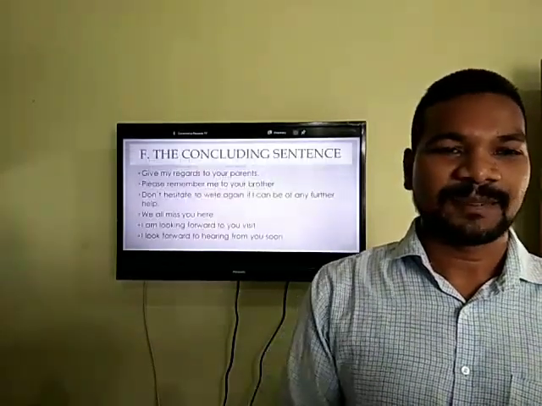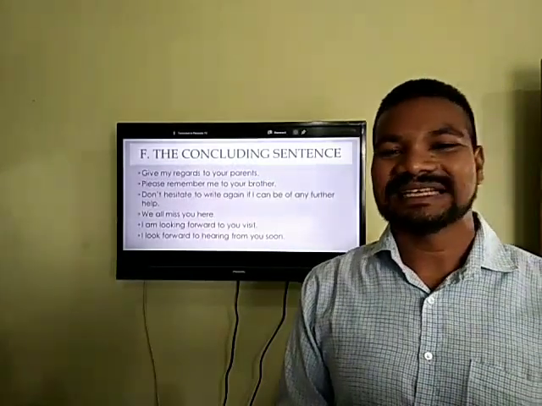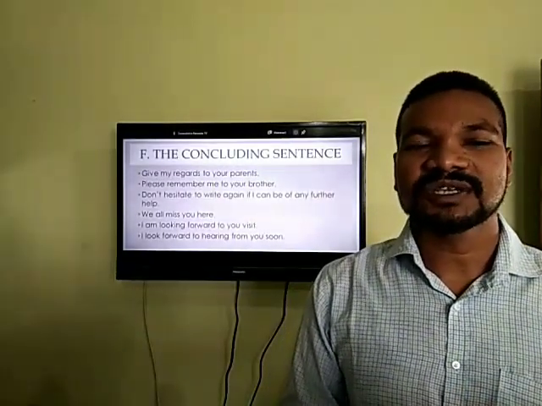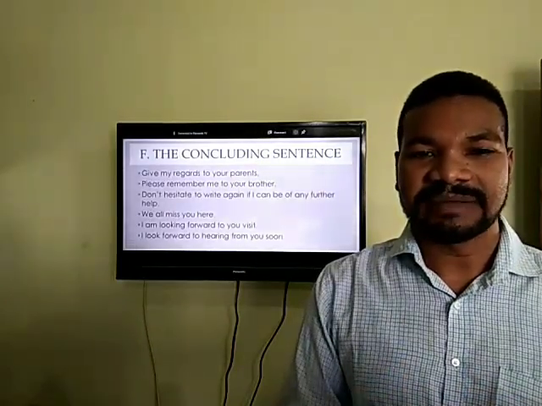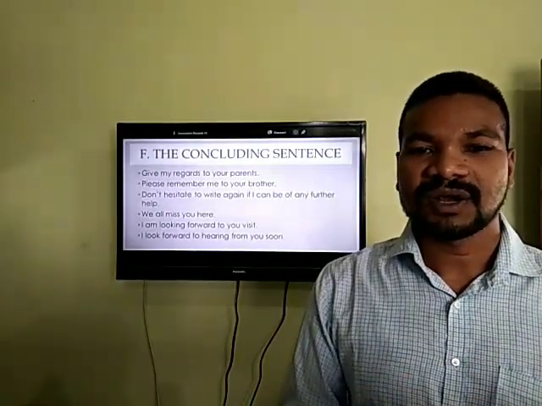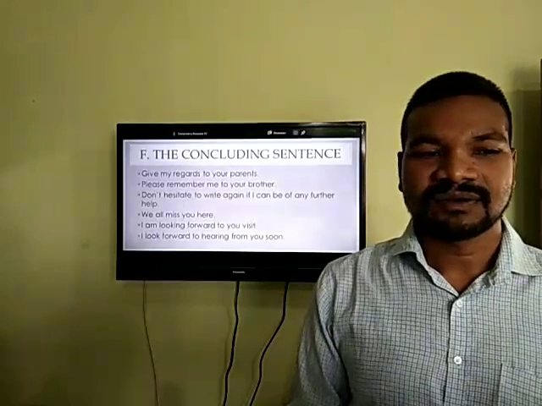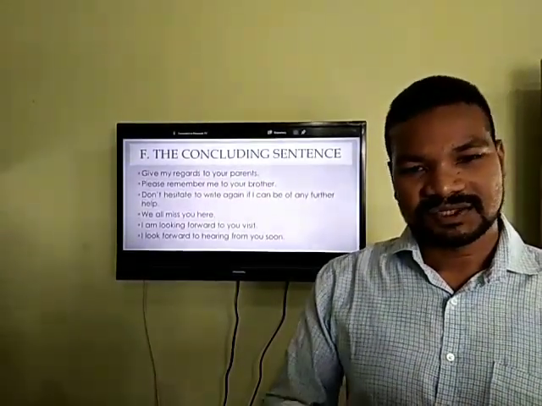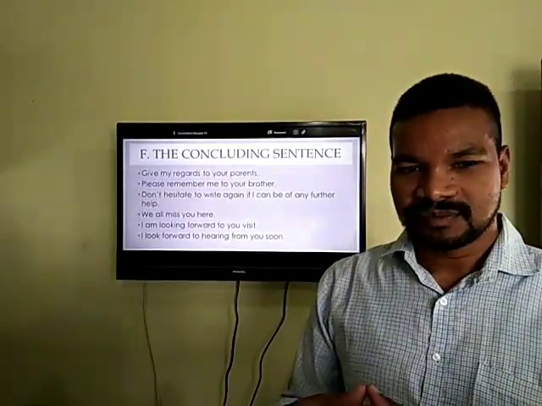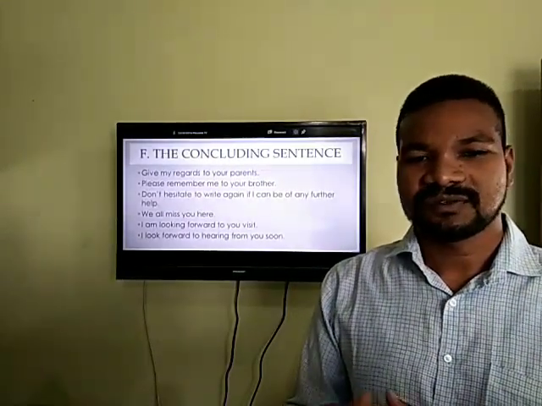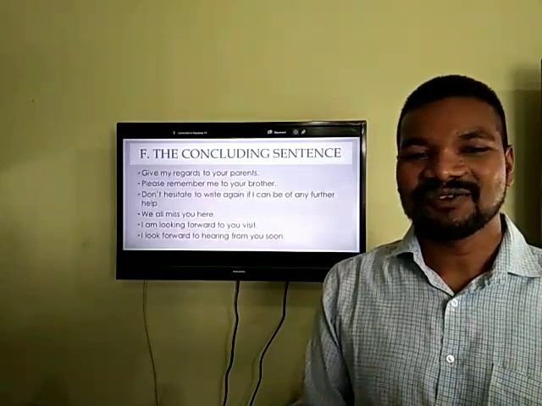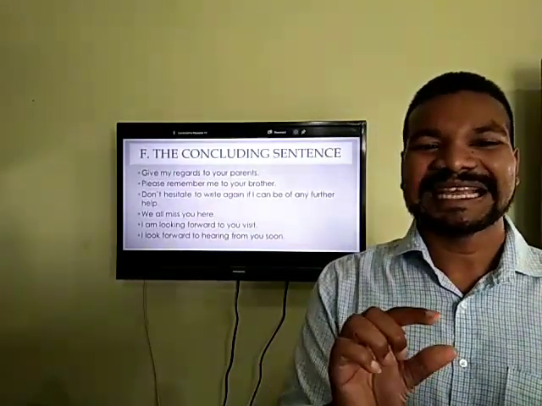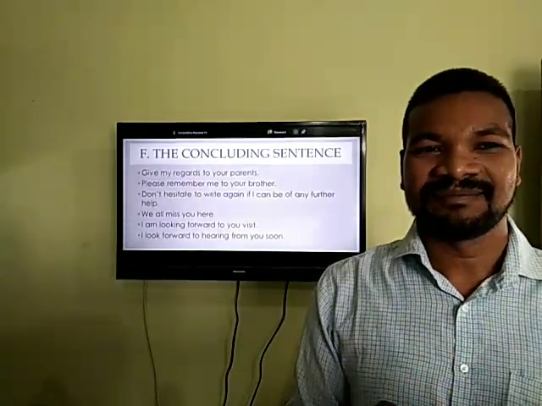Then the next important thing that we are going to see is the concluding sentence: how we are going to conclude after writing the subject matter. When we are writing to a sister or brother, how are you going to conclude? This will be in a separate line.